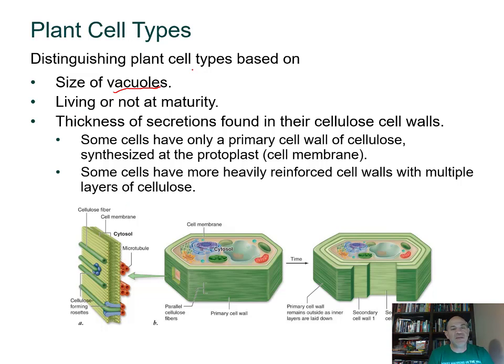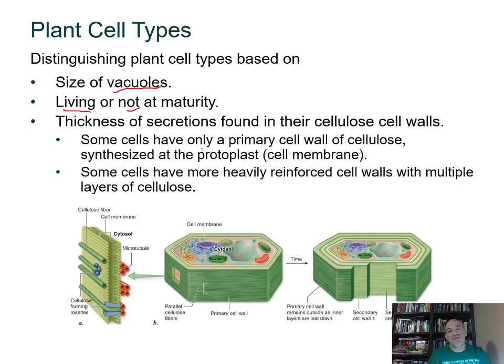Another way we can differentiate between different cell types is whether or not they're alive at maturity. Some cells develop and then die and still continue to have some function. For example, the xylem tissue that's been mentioned already is made of dead cells. The cells die, and what's left from the once living cells helps conduct water up the plant.